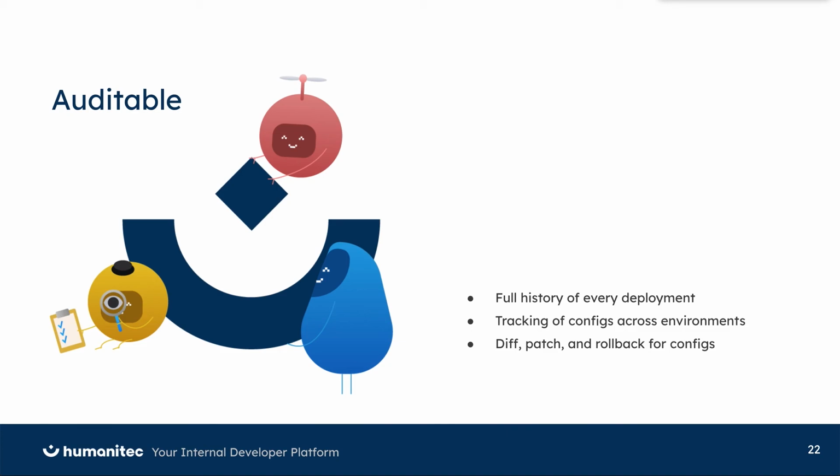Humanitec actually goes one step further, and we provide source control-like functionality, like diffing and patching environments, so you can easily roll back or build from subsets of configuration the desired configuration for a particular environment. So we're really introducing the concept of having source control for environments rather than relying on source control in a non-environmental setup, which actually turns out to be a little bit tricky.